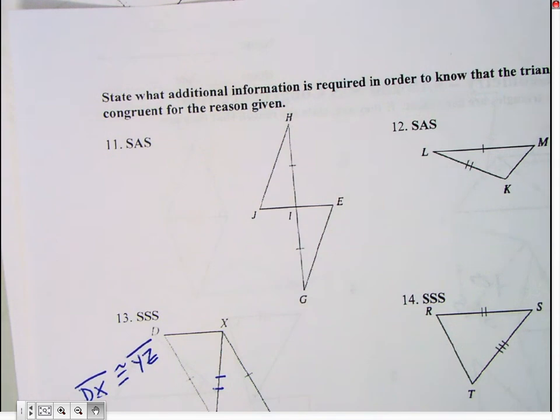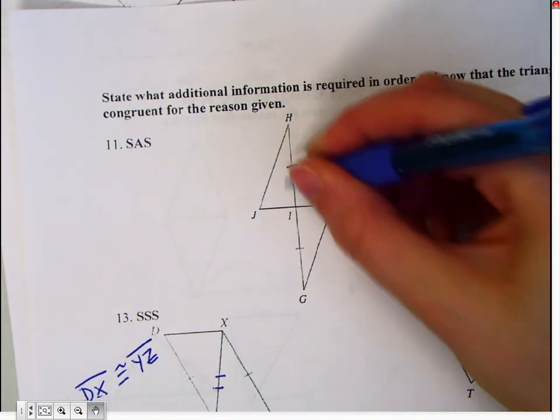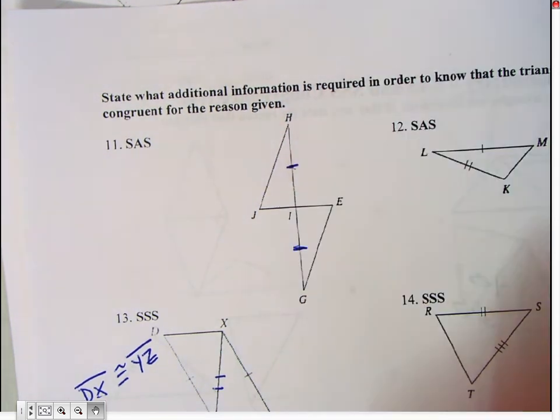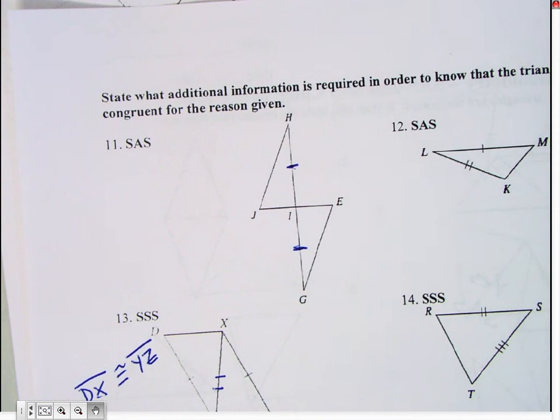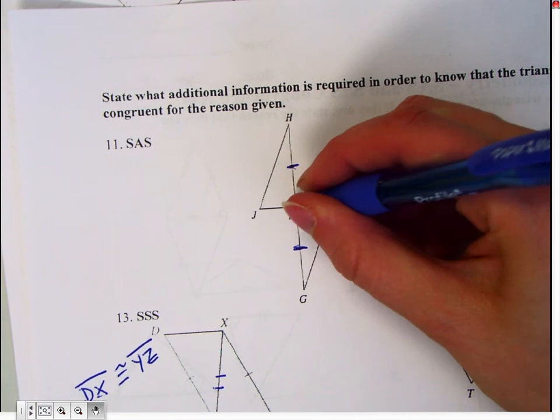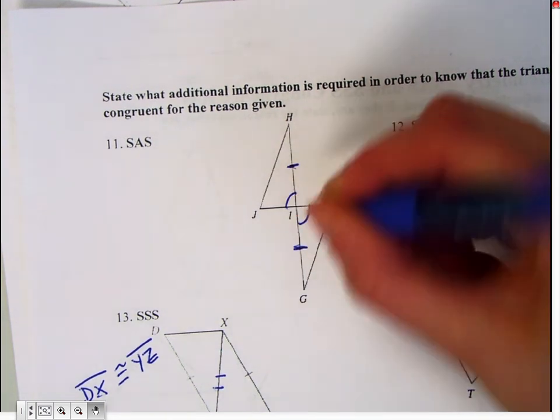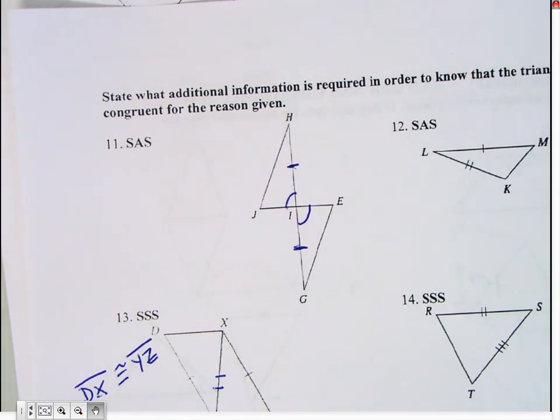I'm given that HI is congruent to IJ. I always say J. IG. What other angle do I have? Because it says I need to make it side, angle, side. What angle do I have? So we learned this. Yes, I is. And what is it called that these two are congruent to each other? We just talked about it in the last chapter.